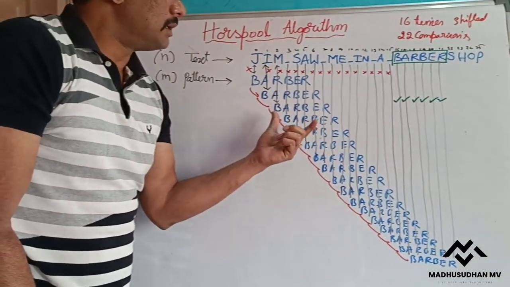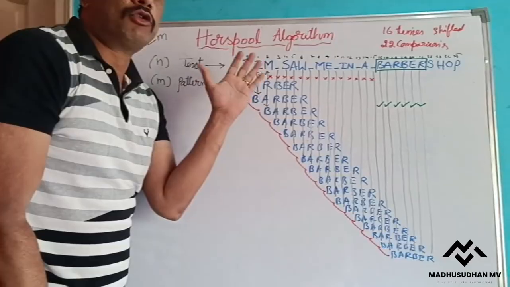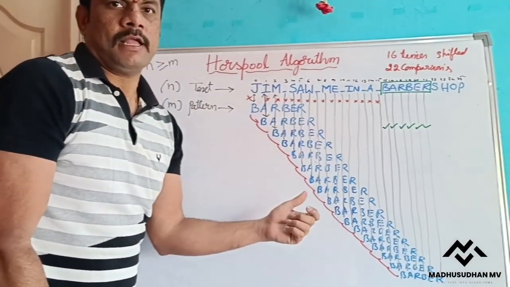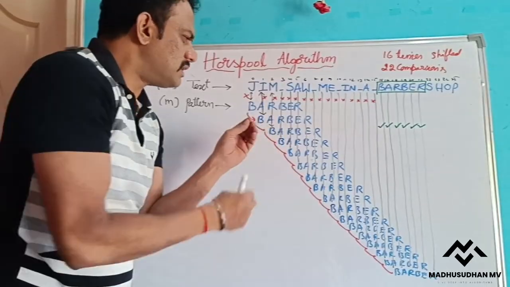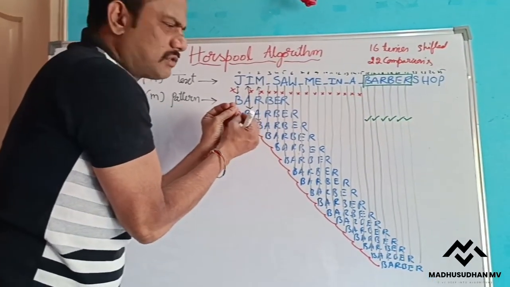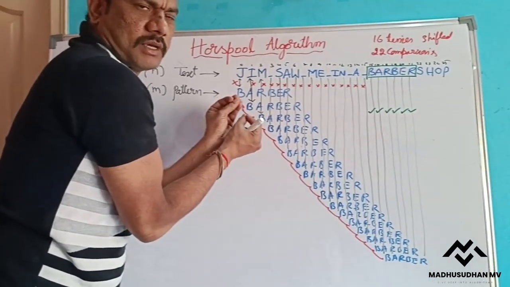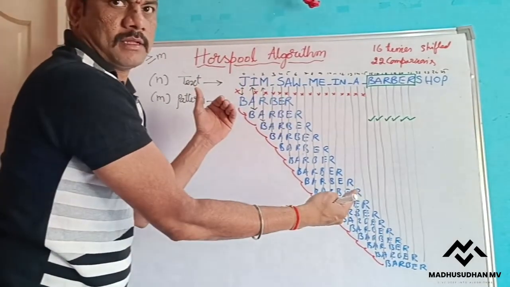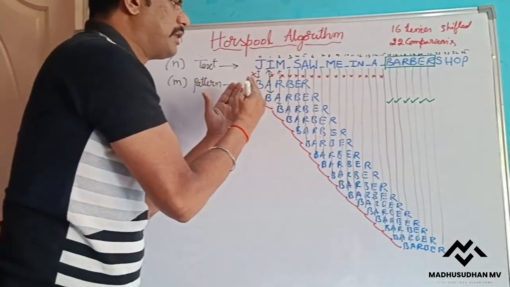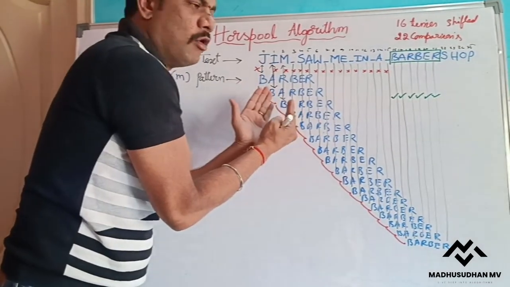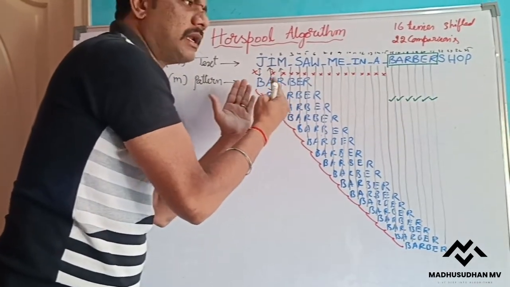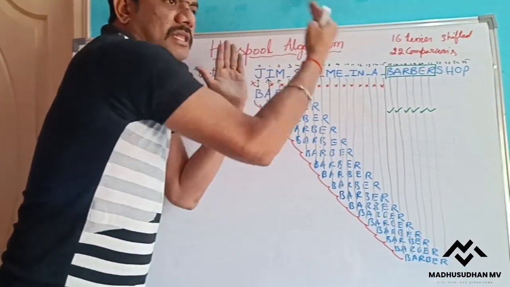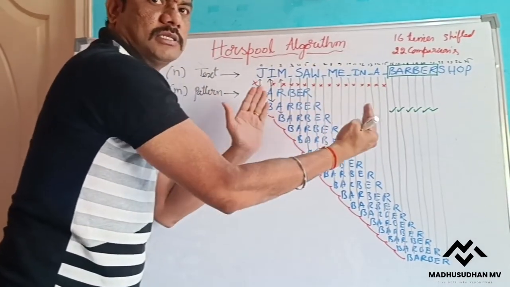So the summary is that brute force string matching makes unnecessary shifts. It makes just a little jump, not even a jump, only one step. We can avoid this unnecessary shifting. Instead of shifting by one position every time, we can shift 3 positions, 5 positions, 6 positions, like that.